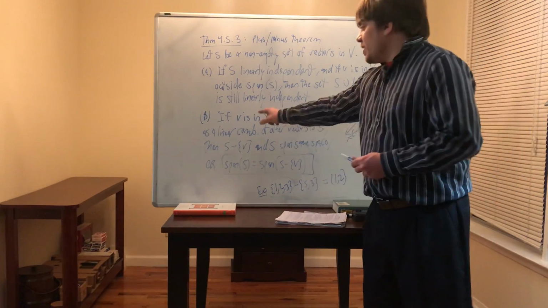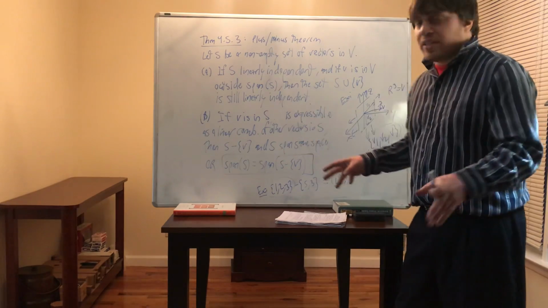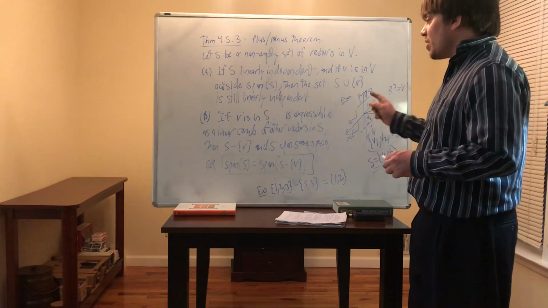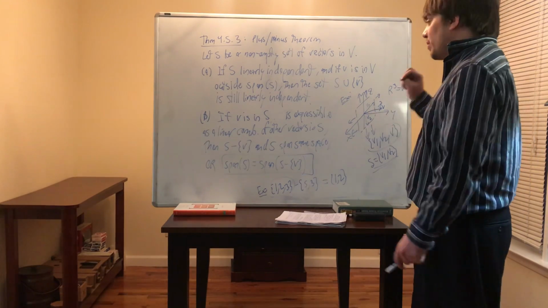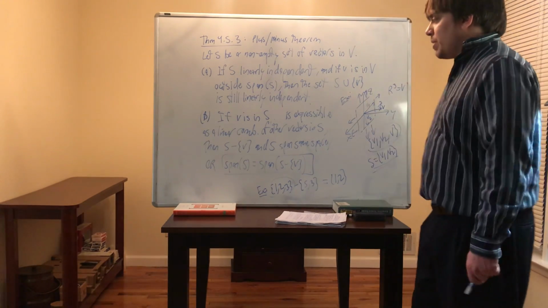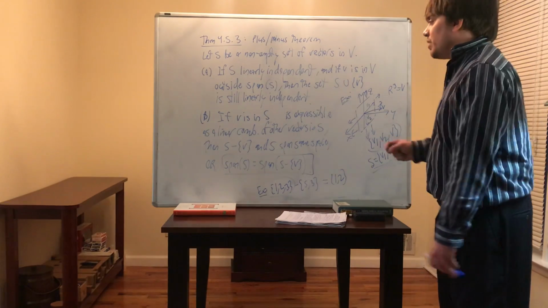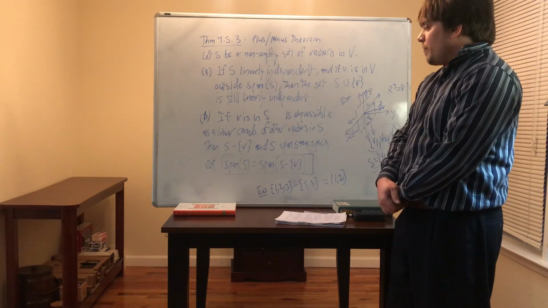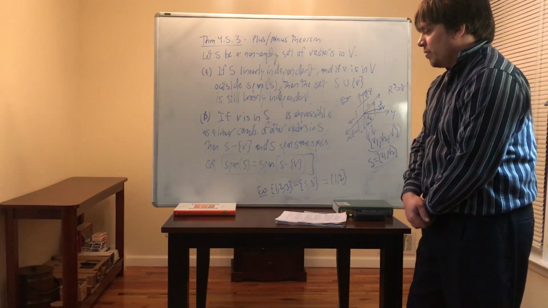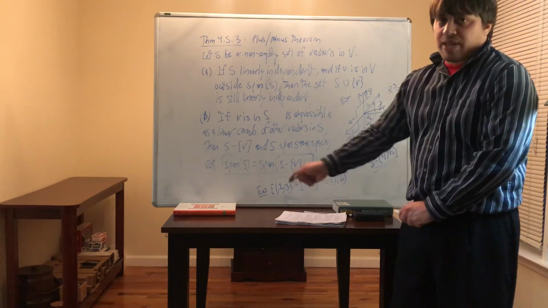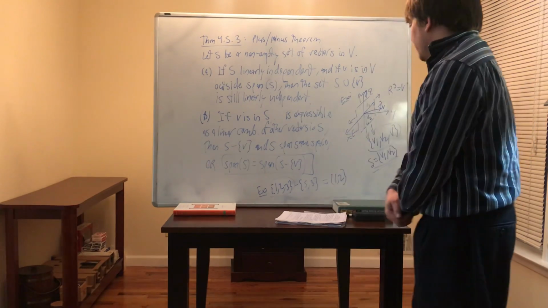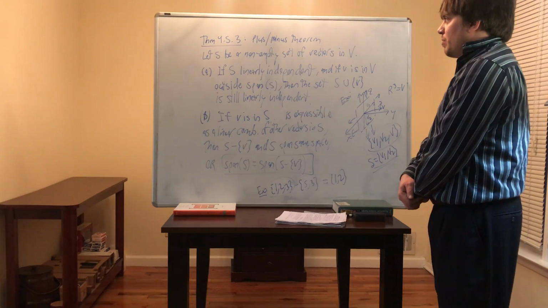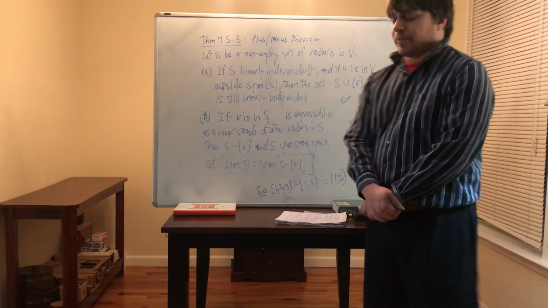That happens if the assumption holds, that vector v in set S is expressible as a linear combination of the other vectors in S. So if you can express the vector v as a linear combination of the other vectors in S, then you don't need the vector v for the span of S. And so the span of S equals the span of S minus the set containing v. And so that's parts A and B of the plus minus theorem, theorem 4.5.3.